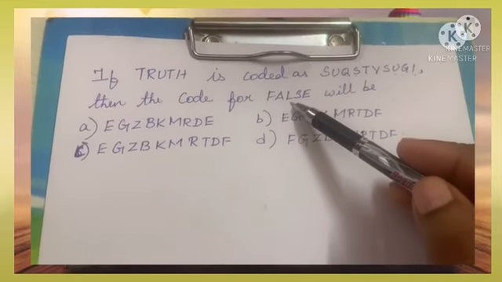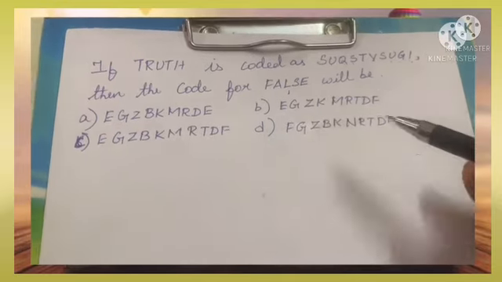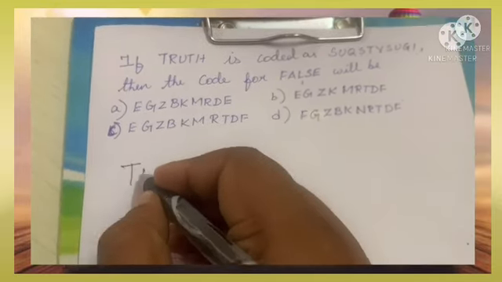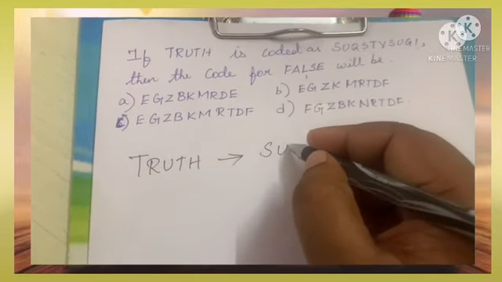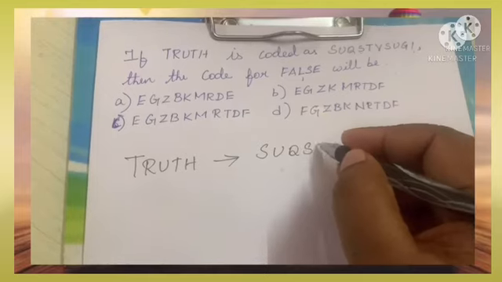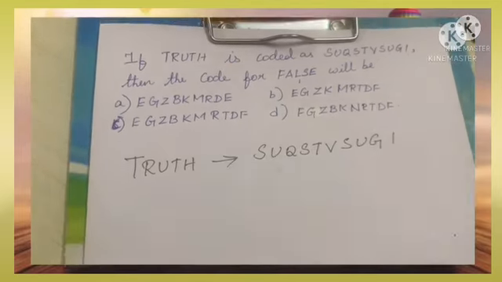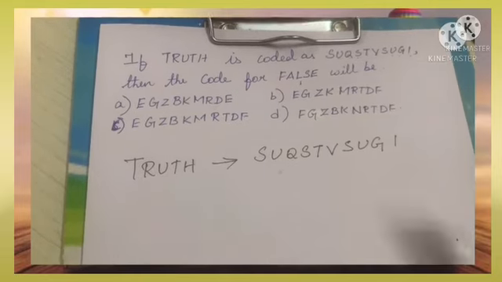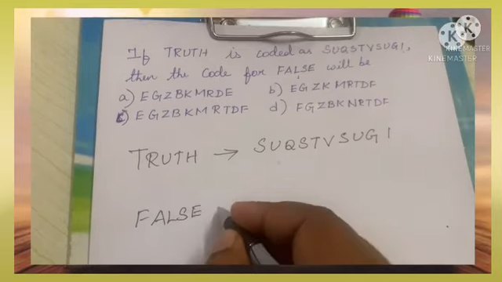Now we are supposed to find the code for FALSE. So we'll take truth. How was it given? SUQSTVSUGI. And we are supposed to find for false.